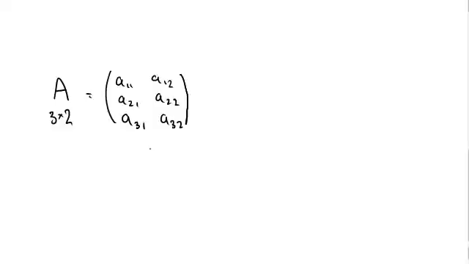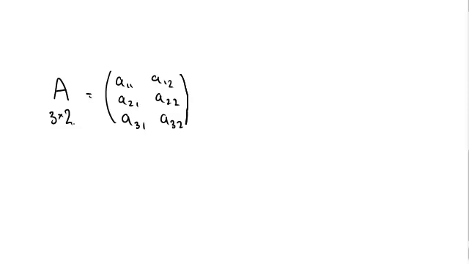You should also be aware of this type of notation. Here, A is a matrix which is 3 by 2. It has 3 rows and 2 columns. But it's not filled with numbers, it's filled with variables.